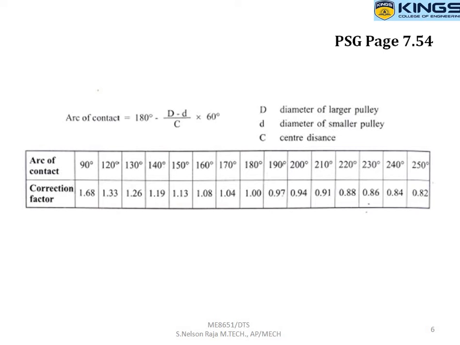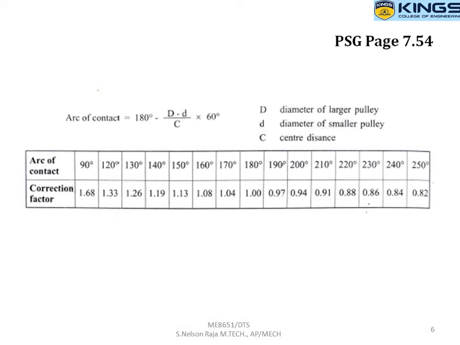The arc of contact factor is available in PSG page number 7.54. We have a formula: arc of contact is equal to 180 degrees minus capital D minus small d, the whole divided by C, into 60 degrees, where capital D is the diameter of the large pulley, small d is the diameter of the smaller pulley, and C is the center distance.